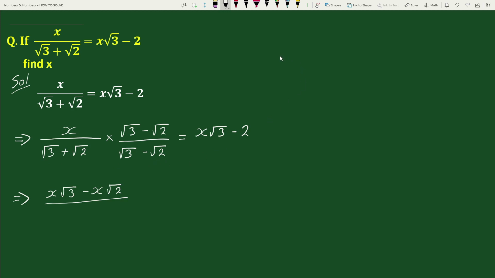This is of the form a plus b times a minus b equals a square minus b square. So we can write this as square root of 3 whole square minus square root of 2 whole square equals x square root of 3 minus 2.